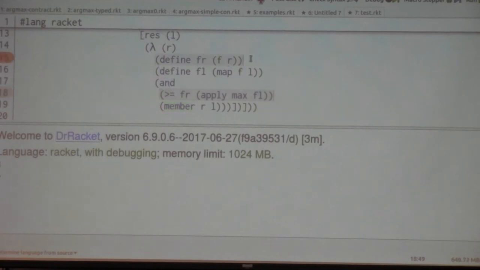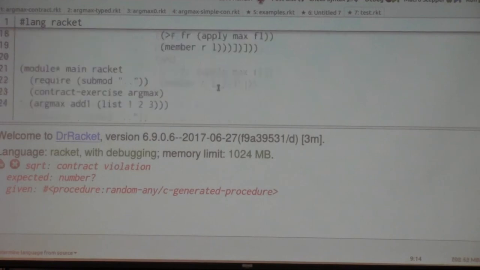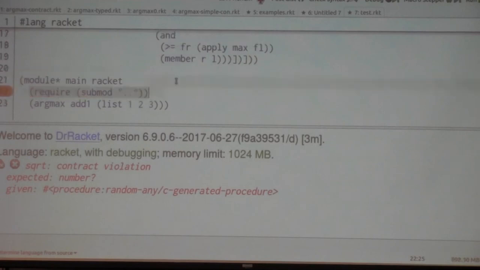But now we're calling f in a lot of places. Who's responsible for those calls to f? What happens when those calls to f go wrong? Let's take out the contract.